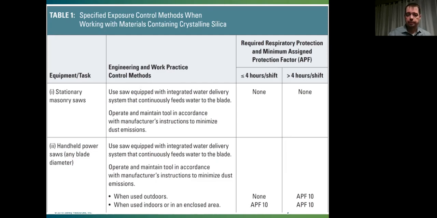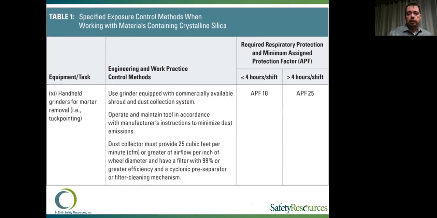If we then look at something like handheld grinders used for mortar removal, in this example, instead of using a wet method, we're using a dust collection system. So we have to have a commercially available dust collection system with a shroud that's appropriately fitted to that tool and equipment.